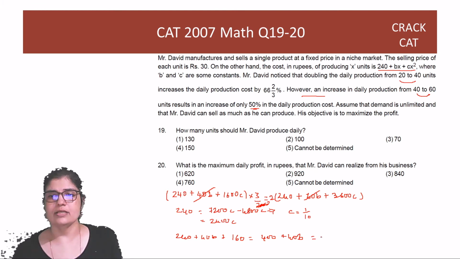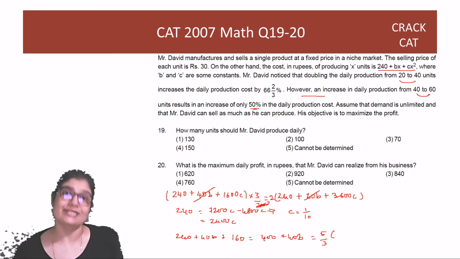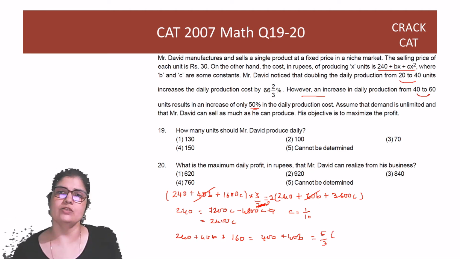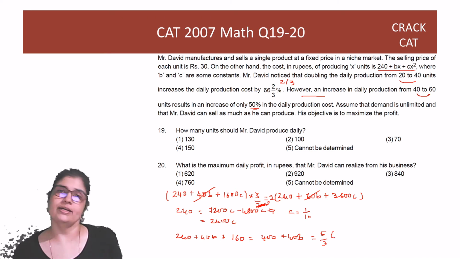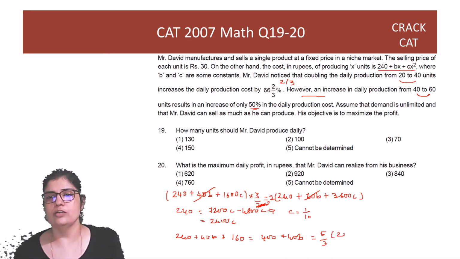This cost is 5 by 3 times the cost at 20, because a 66 2/3% increase means an increase of 2 by 3 as a fraction, so 1 becomes 5 by 3. So when your x is 20, you will write 240 plus 20B.